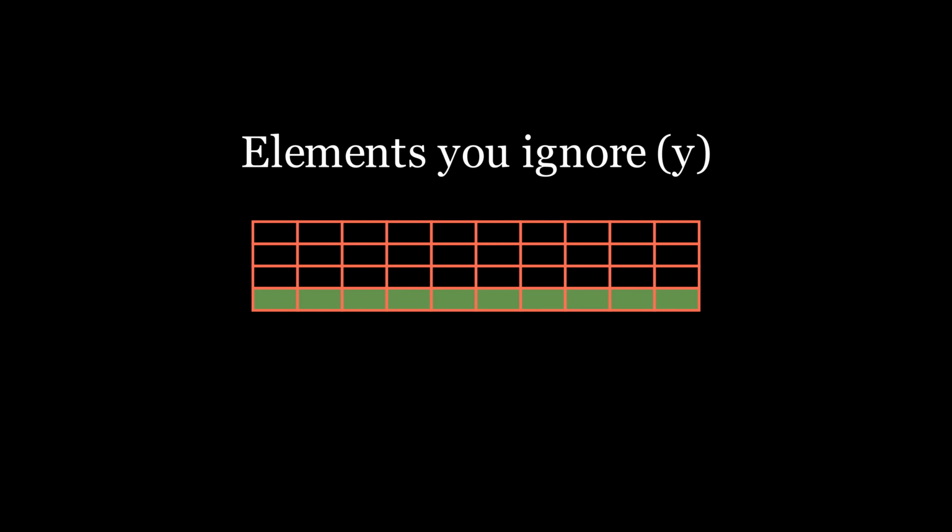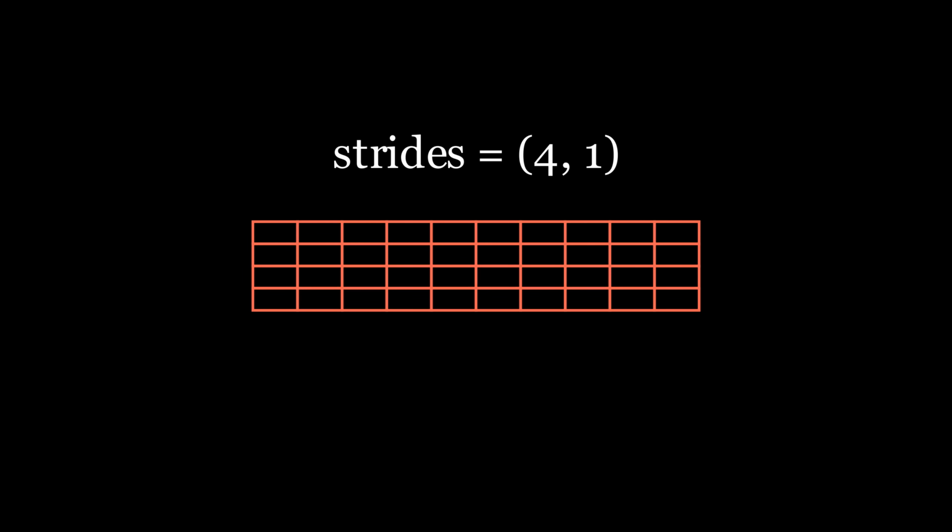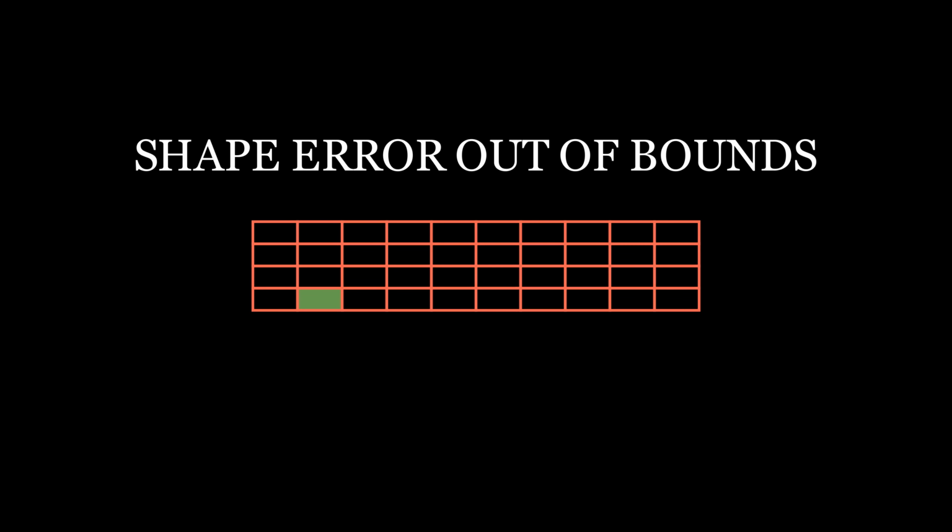Because you have to ignore the last element, your stride is 4, 1, meaning each new subarray is 4 elements apart, even though your shape's only 3, so you can only look at the first 3 elements of each subarray. Your stride makes you jump 4 elements to get to the next subarray. This way, you're going to skip all the y values, and you're just going to have an x array.